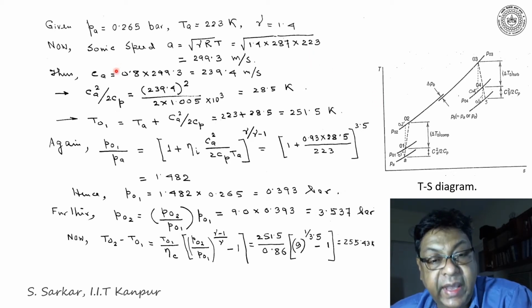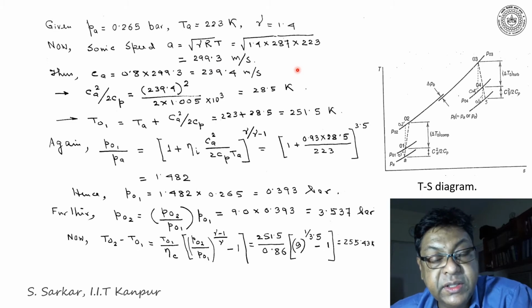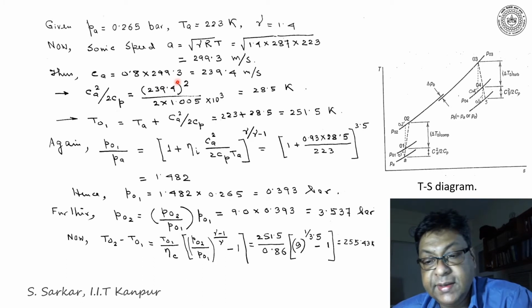Thus, a is equal to 299.3 meter per second. After evaluating the sonic speed, I can calculate the speed of the craft Ca as 0.8 into 299.3, because the craft is flying at a Mach number of 0.8.